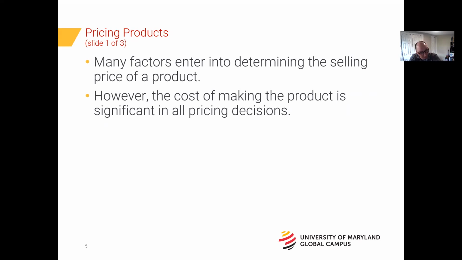And then we factor in the target profit model, right? There's so many different methods to pricing products and making decisions around pricing products, and we did talk some about that in previous sessions.